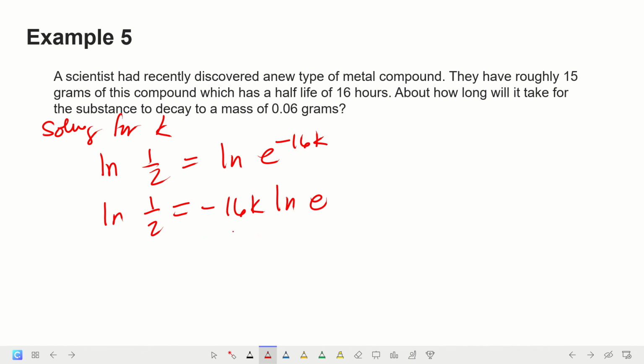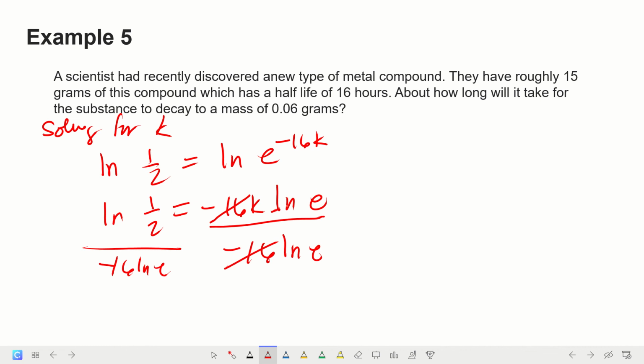And then, divide both sides by negative 16 times the natural logarithm of e. So, negative 16 and ln of e cancel out so that k is left alone.